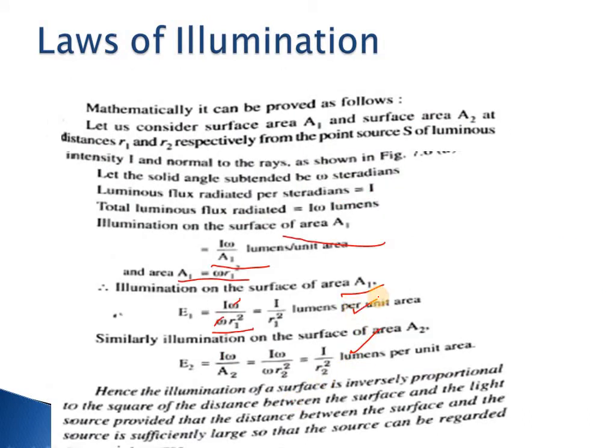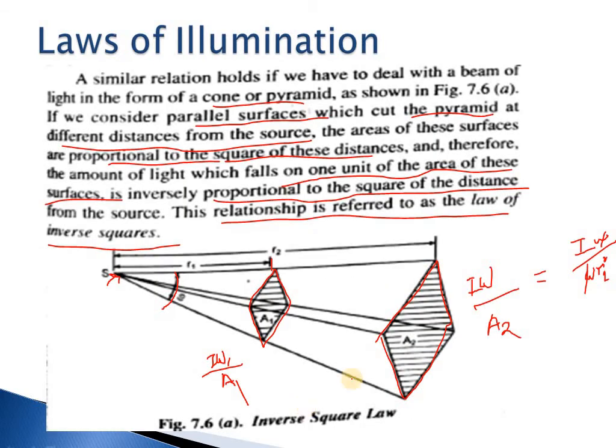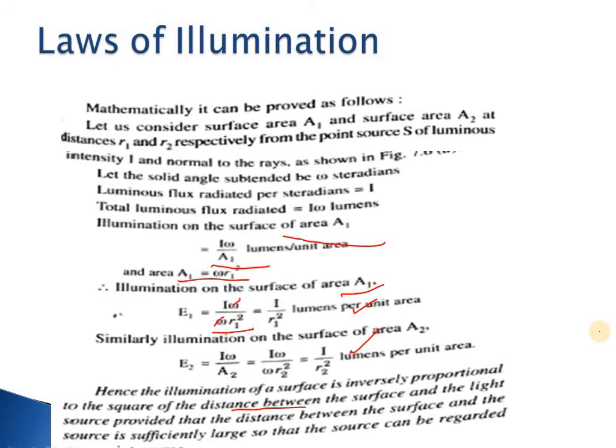Hence, the illumination of a surface is inversely proportional to the square of the distance. That means the illumination of the surface area is inversely proportional to the distance squared, provided that the distance between the surface and the source is sufficiently large so that the source can be regarded as a point source.